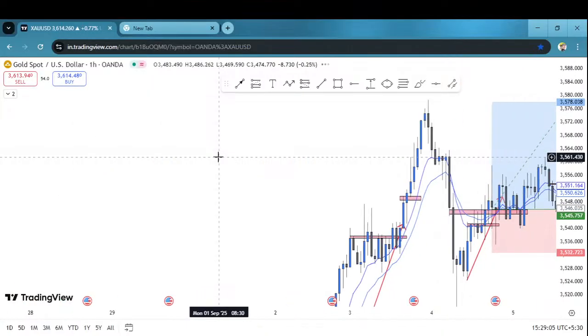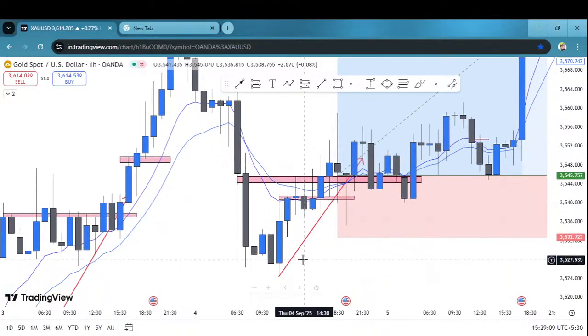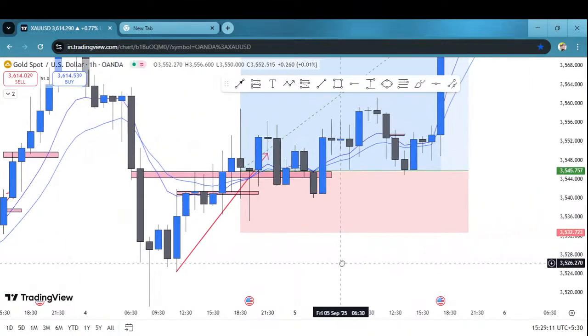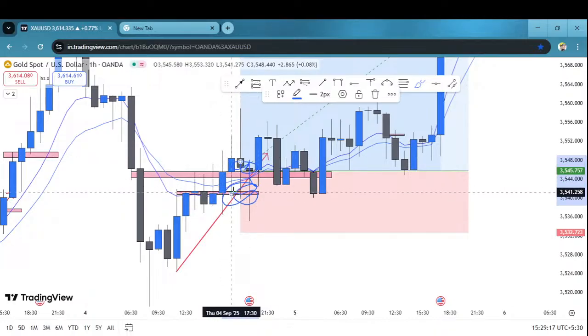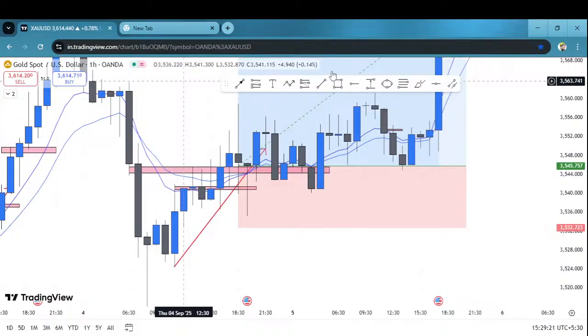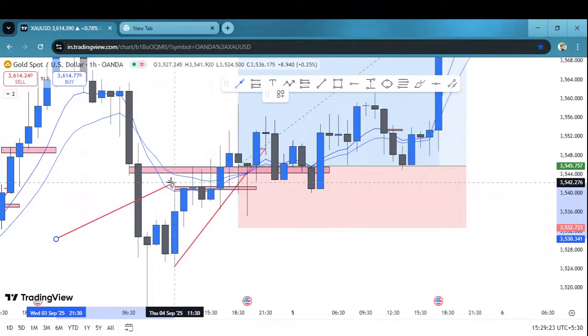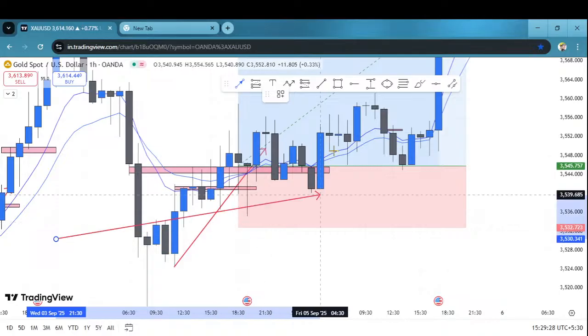Let's see it on the 1 hourly time frame. Yeah, look at this. I was expecting this type of candles, where I already explained to you that after back to back buy side candles, we can expect a retracement and then a bull side movement.